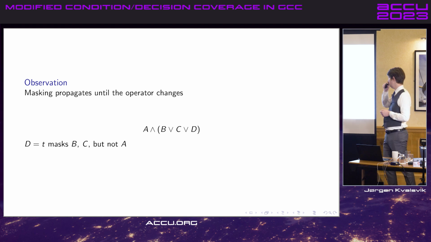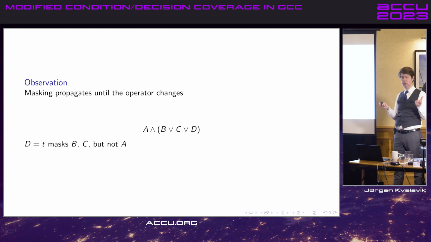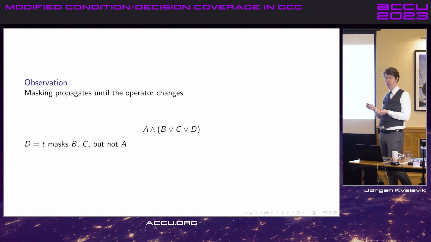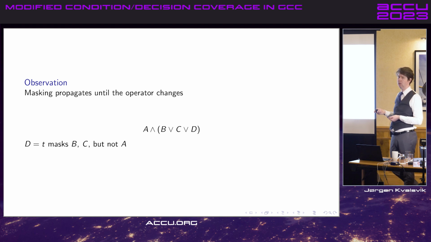We're going to see an example here. So when D is true, it will mask C, but it will also mask B, right? But it won't mask A because the operator changes. So it will mask two variables out. It doesn't matter if B and C are false because the outcome of the parenthesized expression is still true if D is true.